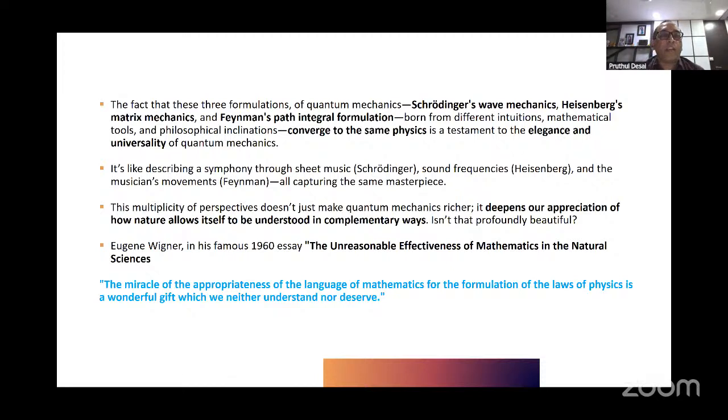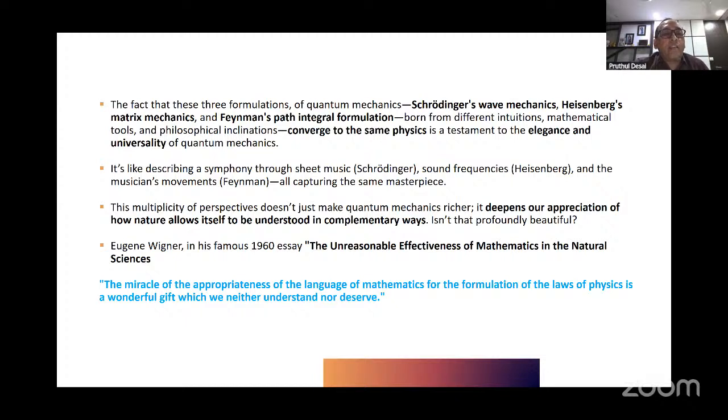So I find that all three formulations, Schrodinger's wave mechanics, Heisenberg's matrix mechanics, and Feynman's path integral formulation, are born from different intuitions, mathematical tools, and philosophical inclinations. They converge onto the same physics, and that, in my opinion, is a testament to the elegance and universality of quantum mechanics.